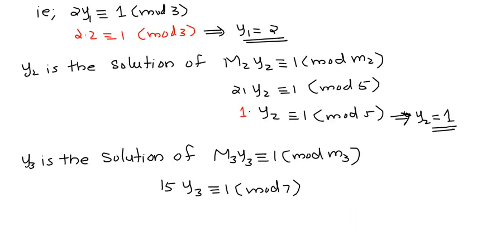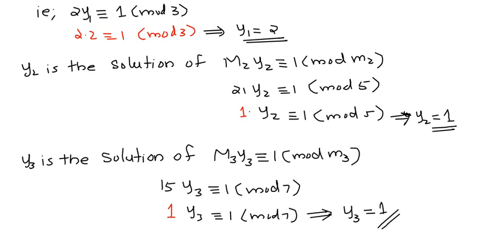What is the least residue of 15 mod 7? Dividing 15 by 7, the remainder is 1. So 1 into y3 is congruent to 1 mod 7. In this case also the multiplicative inverse of 1 is 1, so y3 is also 1. y1 is 2, y2 is 1, y3 is 1.